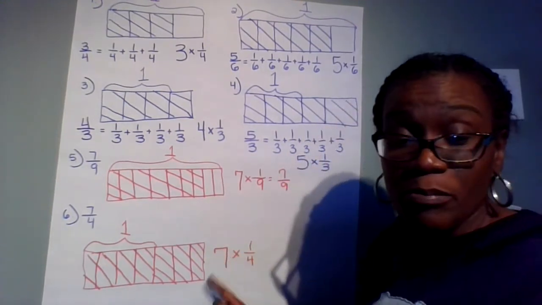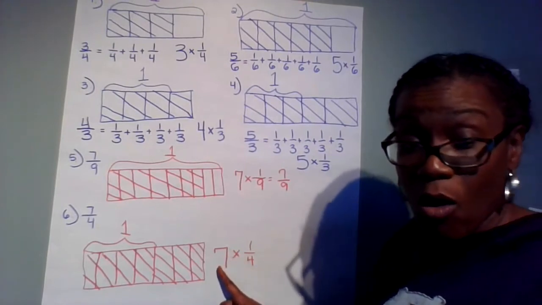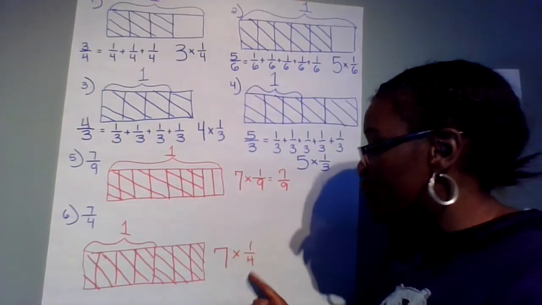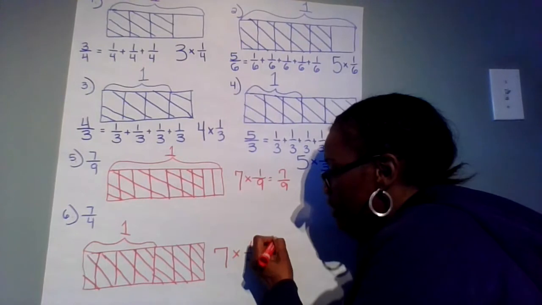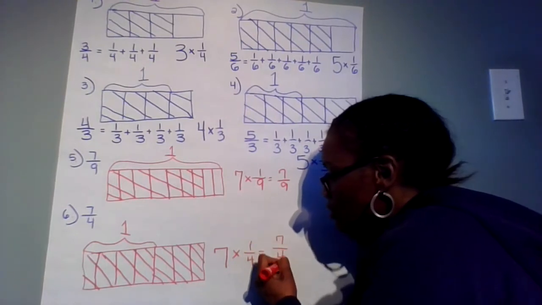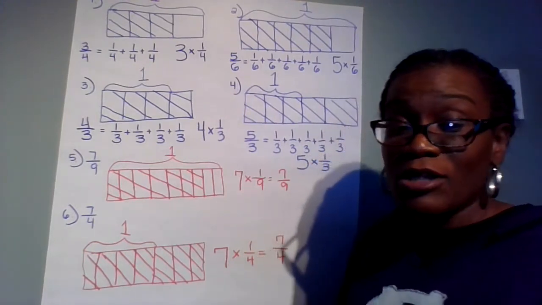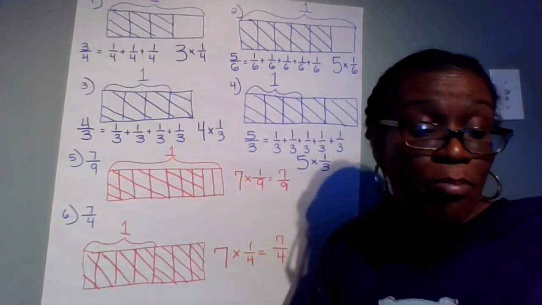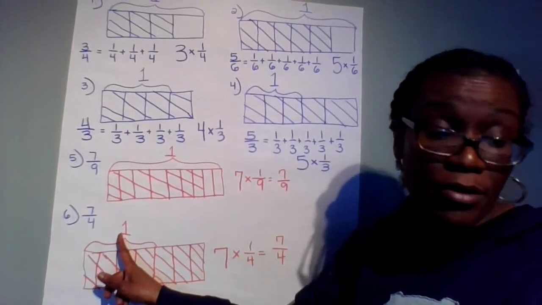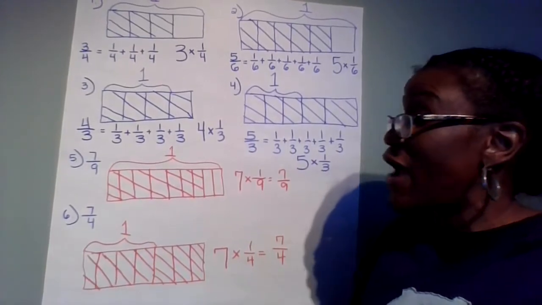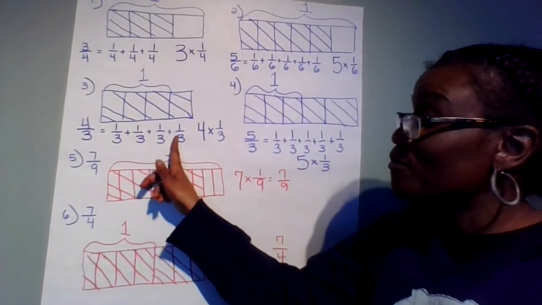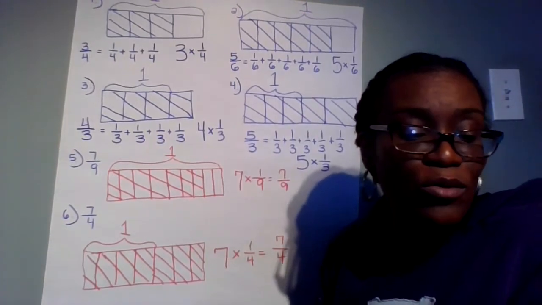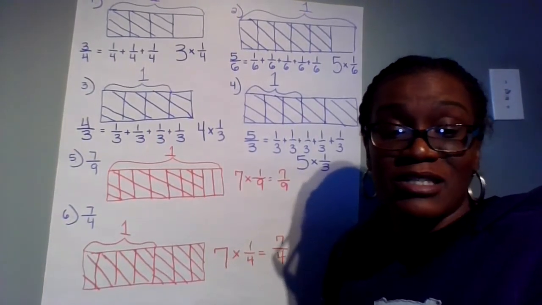And when we multiply 7, which is a whole number, times 1/4, that is going to give us 7/4. So there you have it, everyone. We just decomposed or broke down a whole number, 1, into unit fractions. And then we wrote an equivalent multiplication sentence.